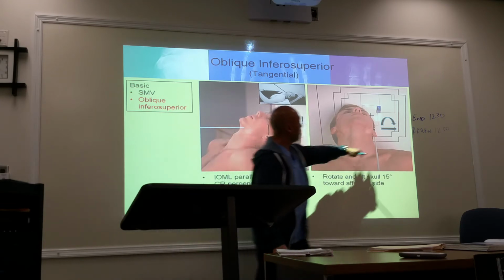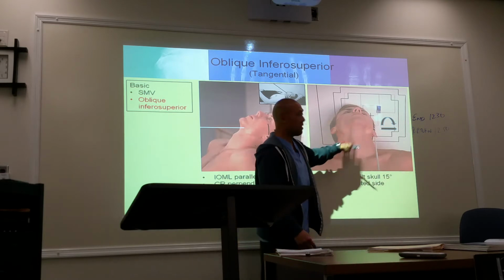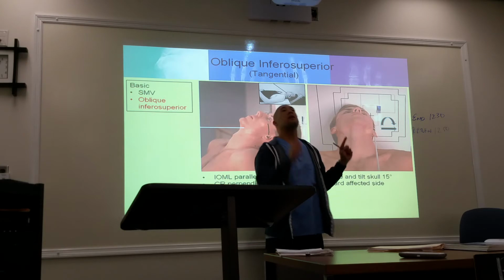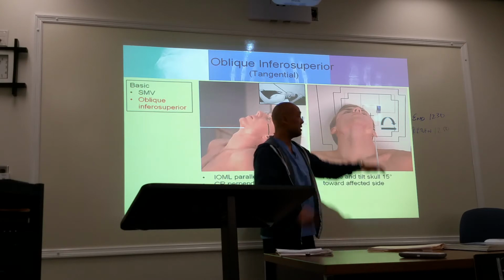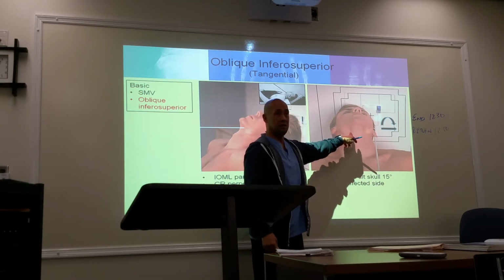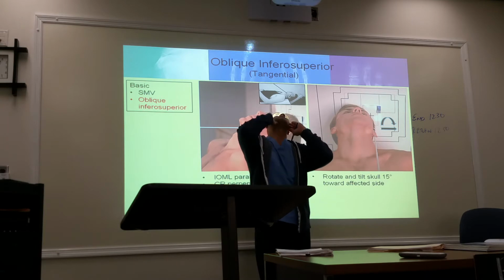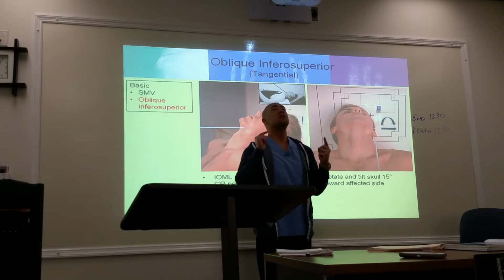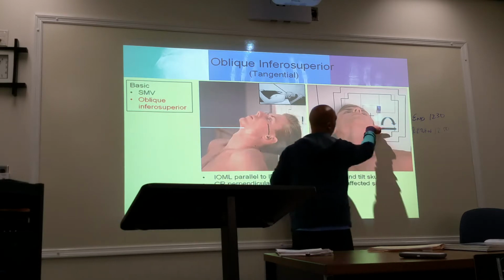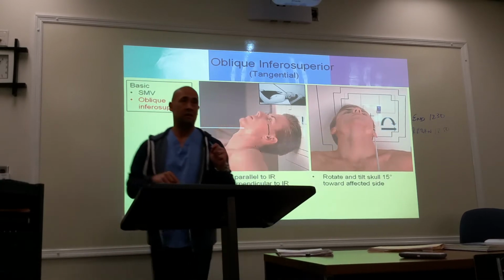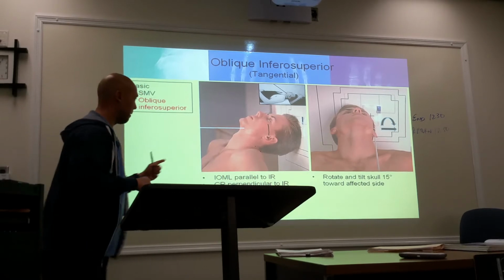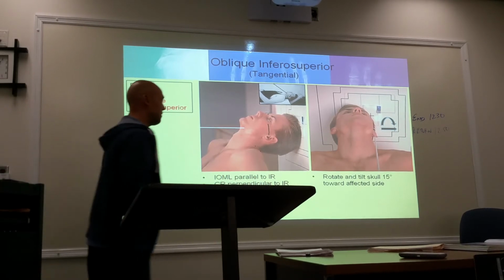I put a couple of arrows here so you understand the concept. From an SMV, you're going to rotate to the affected side, in this case the left side. So it's going to rotate 15 degrees, and then you're going to tilt the chin 15 degrees. The chin is going to move towards the affected side. Does that make sense? Okay. So it's going to be 15, 15.